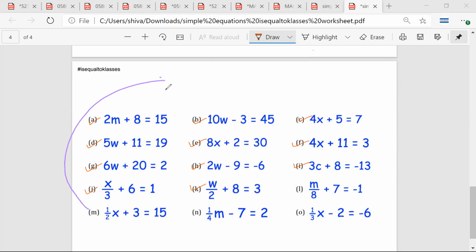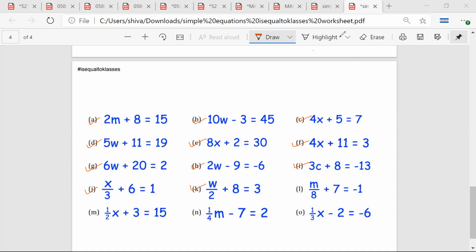Mr. Satya, how should I do this? 1 upon 2x equals 15 minus 3. Shabash. Then it will be 12 into 2 equals 24. Mr. Sarthak, any confusion? No, sir.